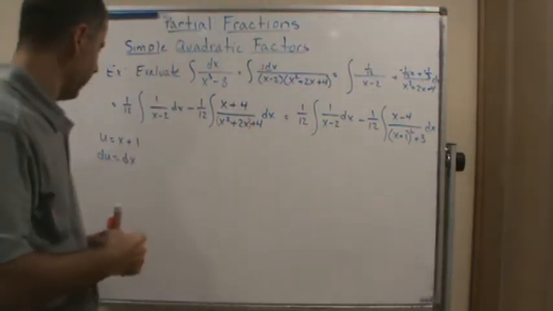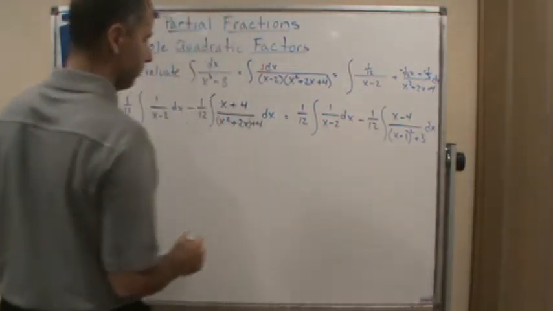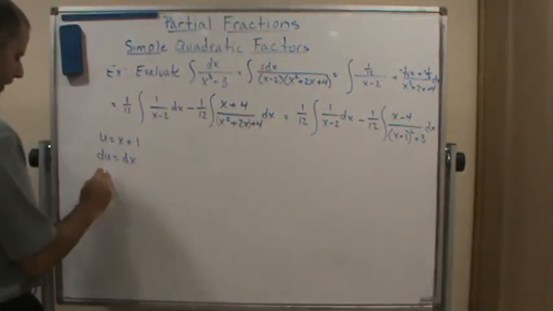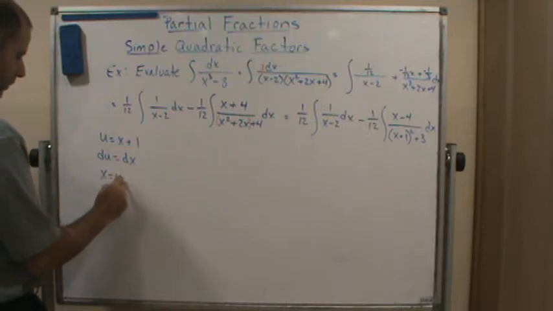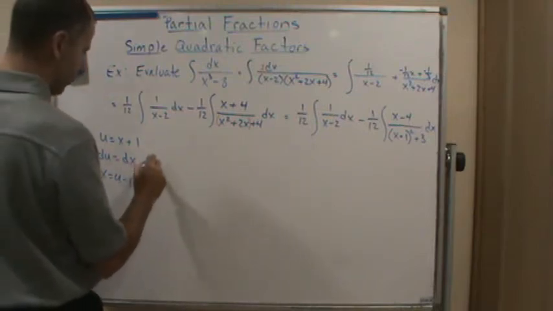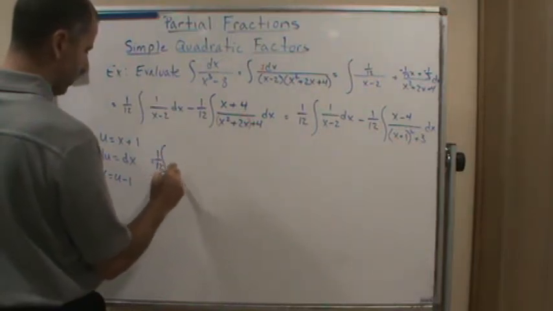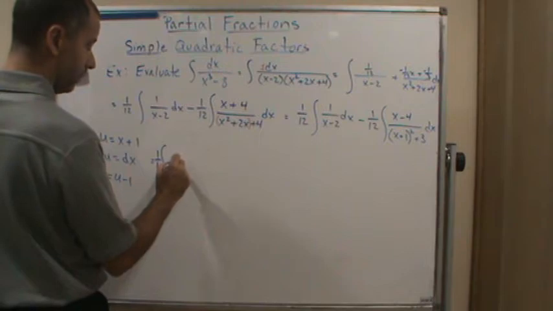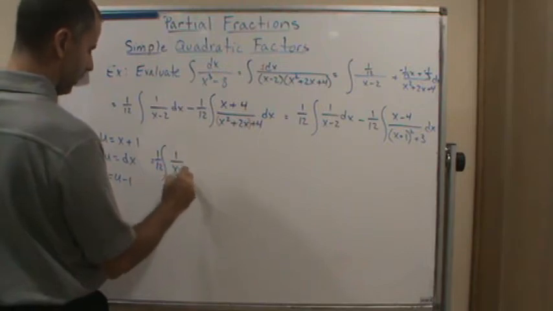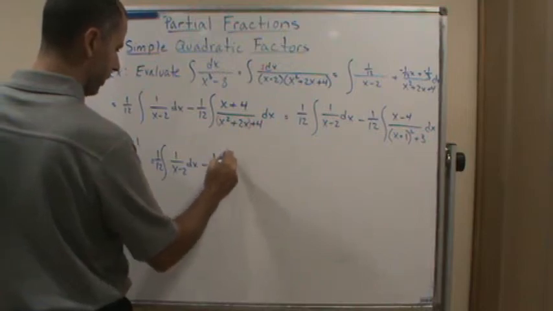You could solve for x, right? We've got x here. You could solve for x and let x equal u minus 1. And so then what do you get? You get, again, 1/12 the integral of 1 over x minus 2 dx minus 1/12.